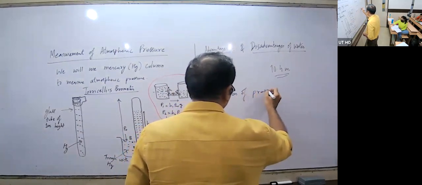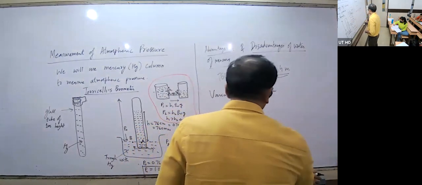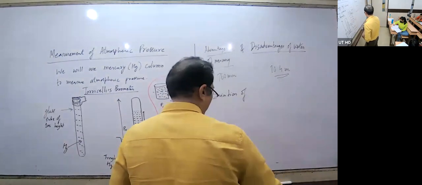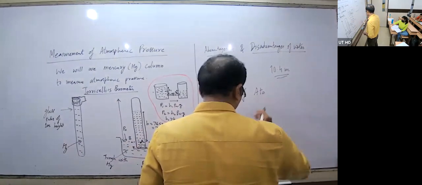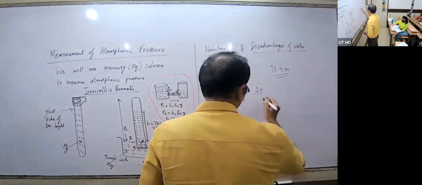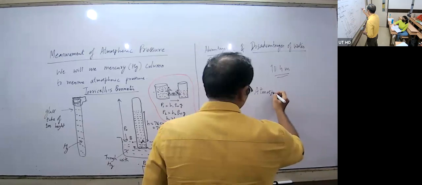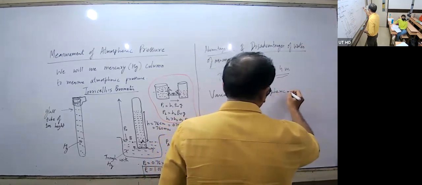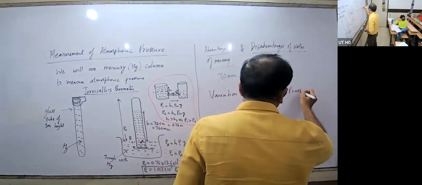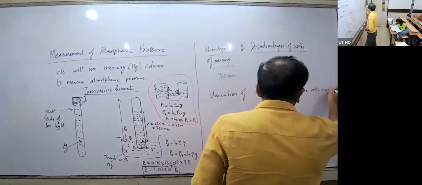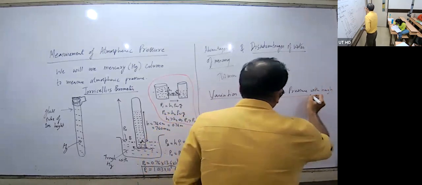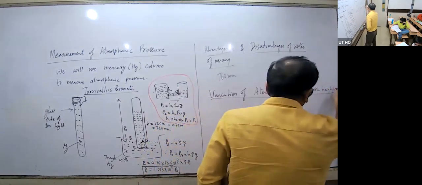Last is variation of pressure with height. Pressure or atmospheric pressure? Atmospheric pressure. This entire chapter is dedicated to atmospheric pressure, so we have already discussed it. Now what should happen with height?